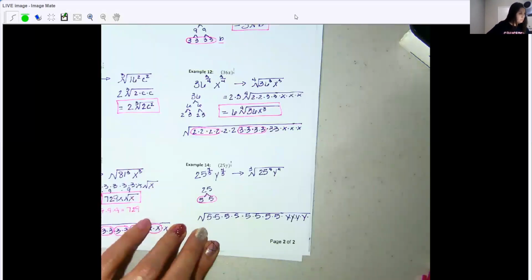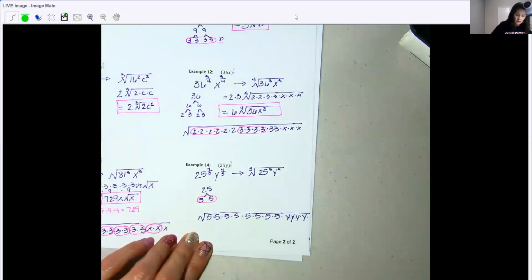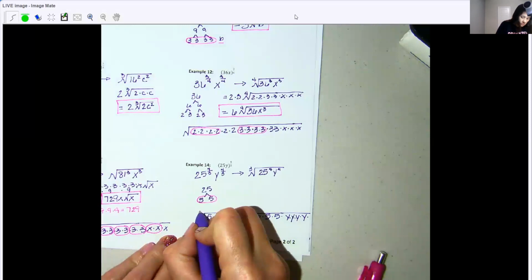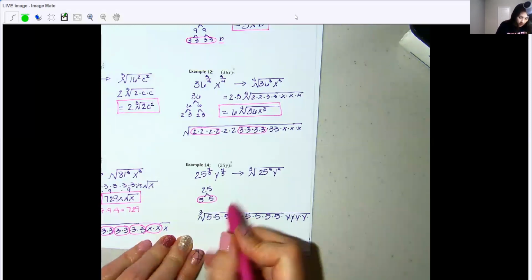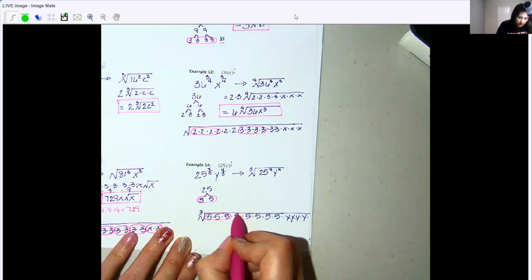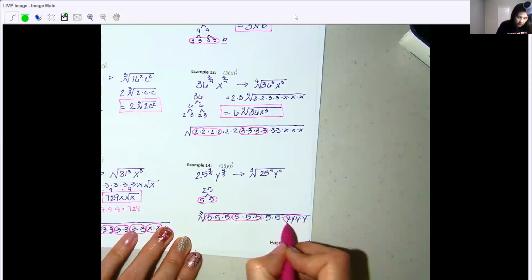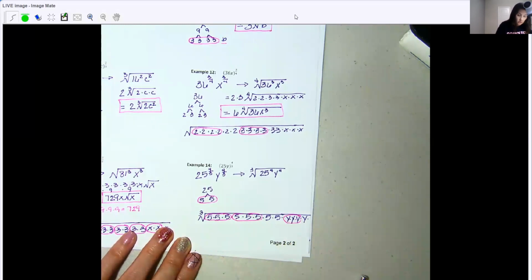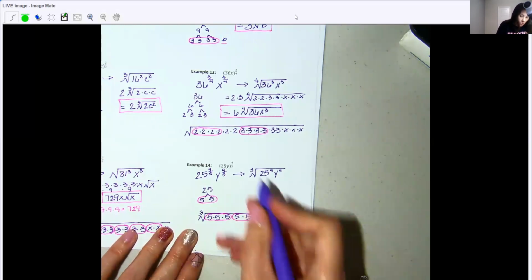Okay, now I'm going to circle my groups of 3. So I have one group of 3, another group of 3, and then here's a group of 3. Okay, so 2 5s and a y go on the outside.